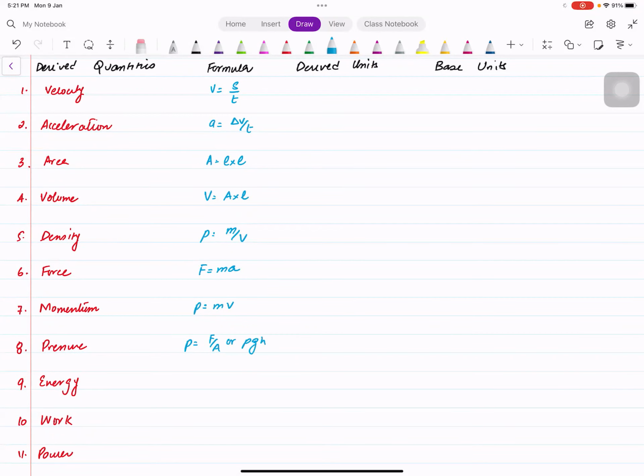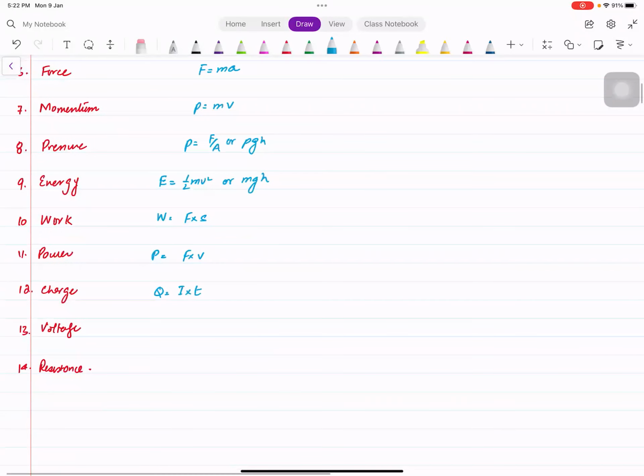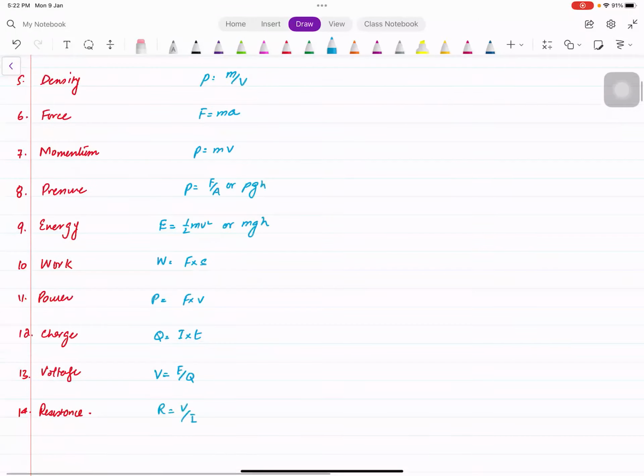Energy, you can use anything, half mv squared or mgh, doesn't matter. Then for work, you can take force times displacement. Power is force times velocity. Charge is current into time. Voltage is energy per unit charge, and resistance is voltage over current. You can write this down in a bit.